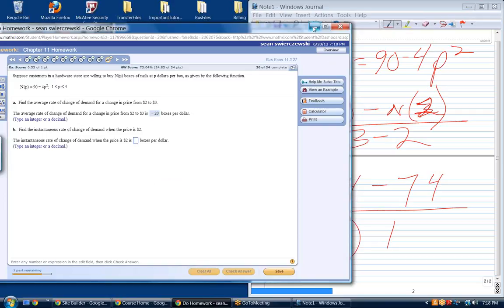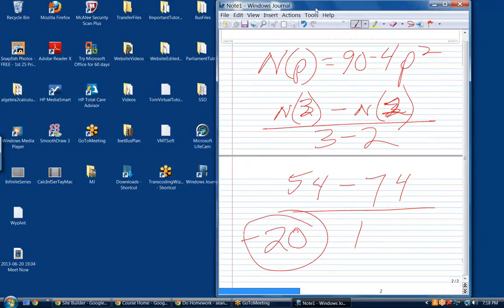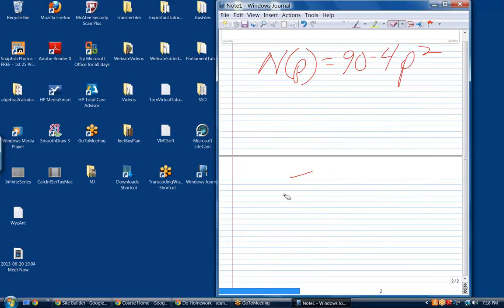Find the instantaneous rate of change. Okay, let's go through it one more time on how we get the derivative. Well, let's write the derivative function. That's going to be helpful to you.